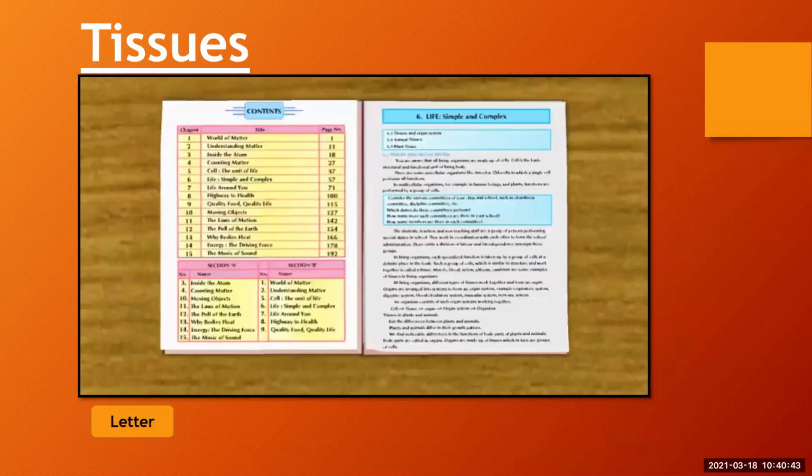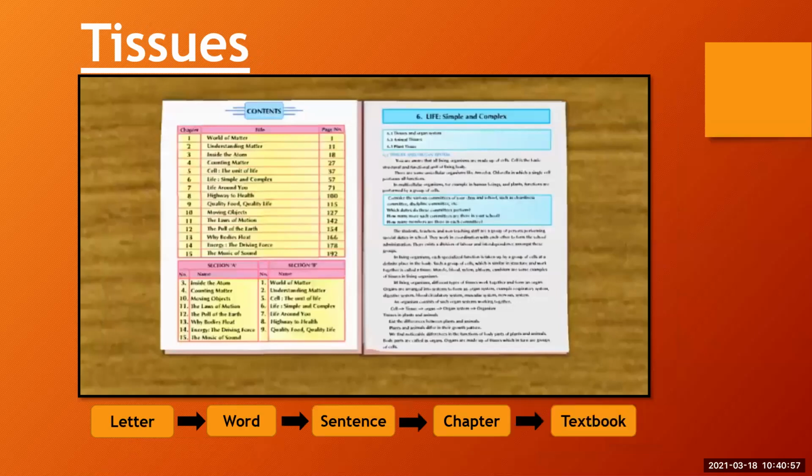These words make a sentence. Many sentences together make a chapter, and chapters form the textbook. So this is the order by which the textbook is formed.